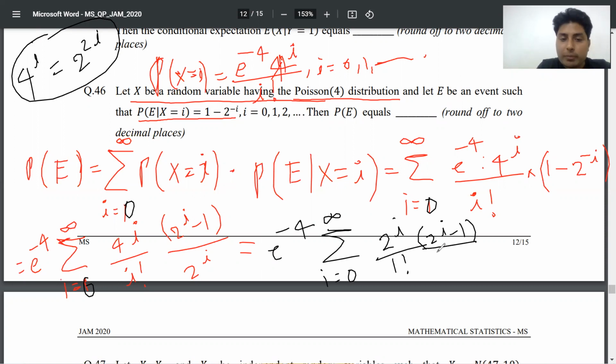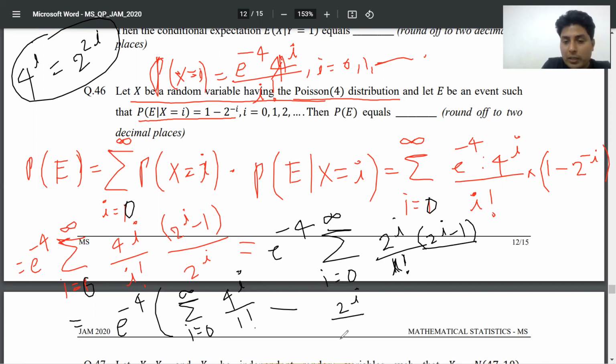Yes, so we have to open this bracket. So e raised to the power minus 4 and the summation i from 0 to infinity. Let's open the bracket: 4 raised to the power i, or 2 raised to the power 2i, upon i factorial, minus 2 raised to the power i upon i factorial.